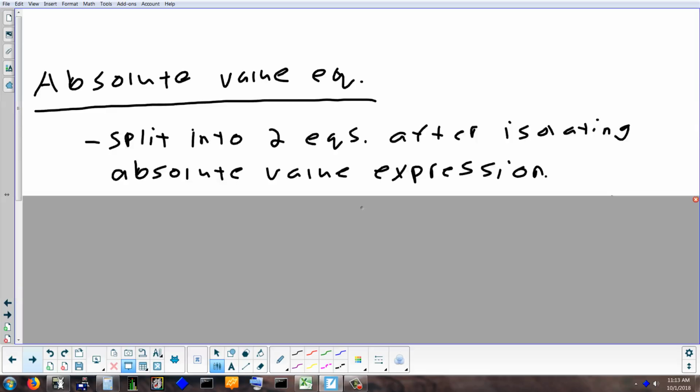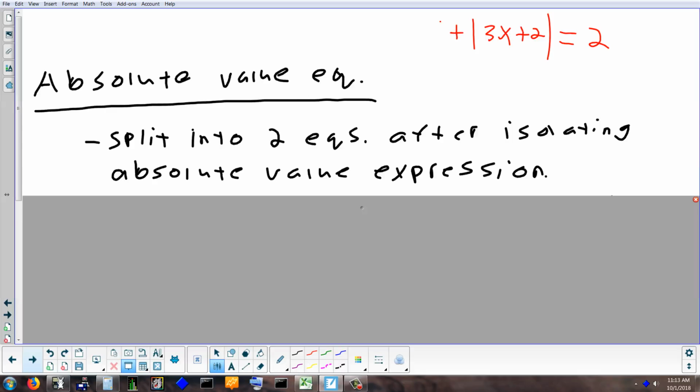What do I mean by that? Well, when you're solving an absolute value problem, you're going to have something like this. That's an example of an absolute value problem where the absolute value is by itself. There's nothing on the left-hand side outside the bars.